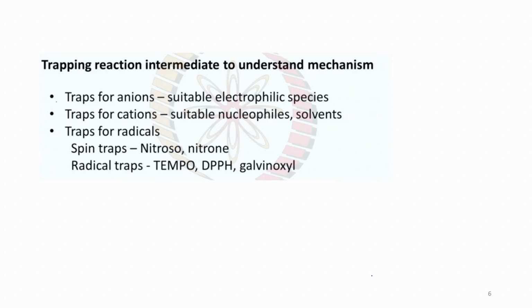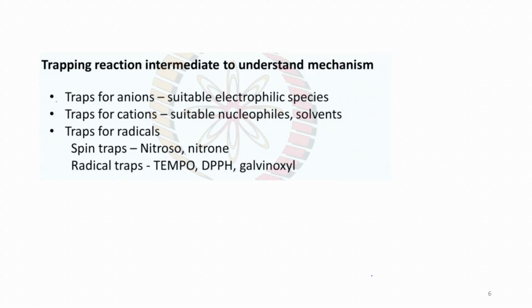Now, in some cases, the reaction intermediate is a radical. To trap a radical, we sometimes need a different type of radical trapping reagent, which we will discuss later.